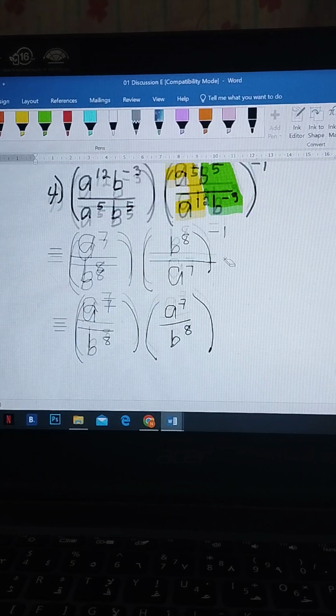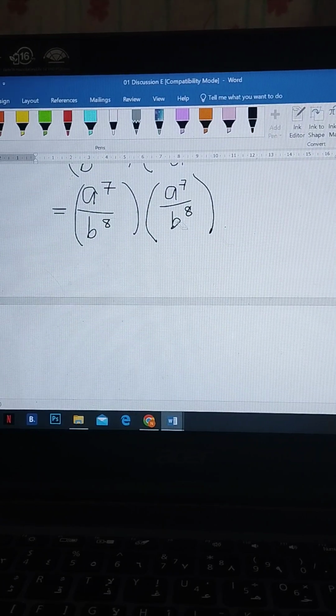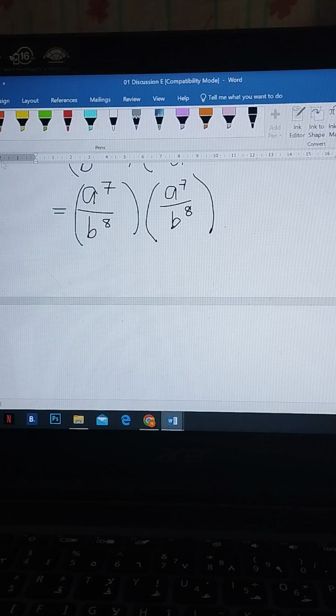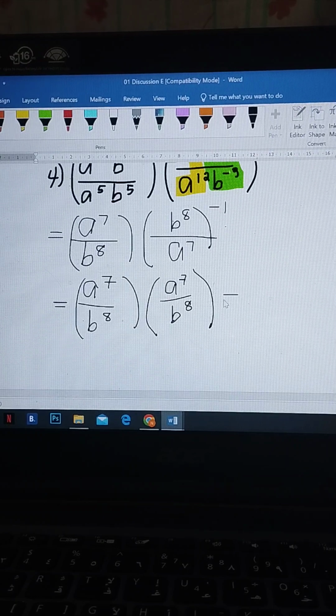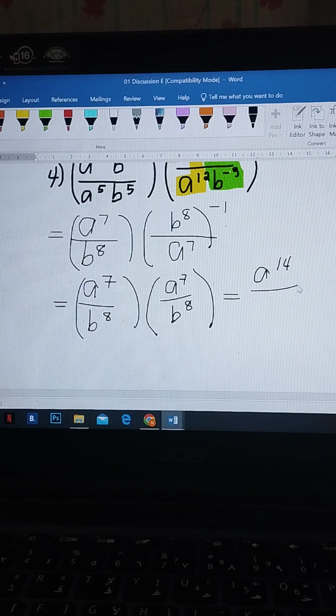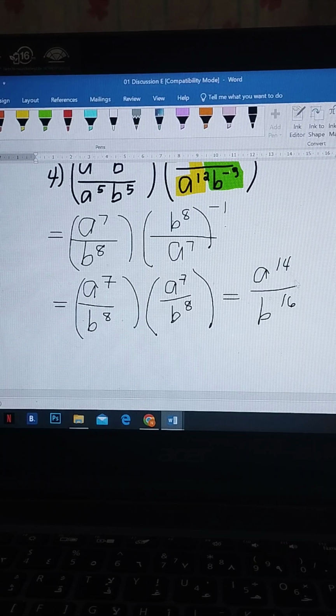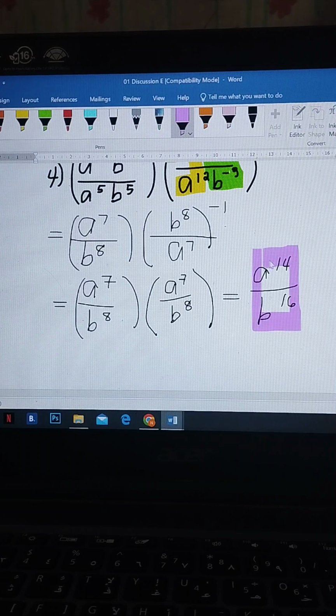Okay, so the final answer is simply multiply a raised to 7 times a raised to 7 is equal to a raised to 14 all over b raised to 8 plus 8, 16. Okay, final answer, a raised to 14 over b raised to 16.